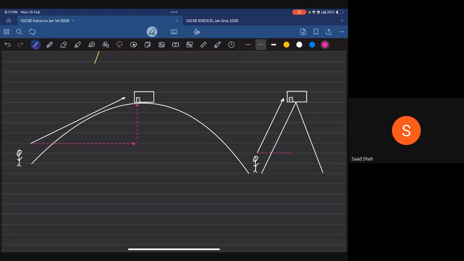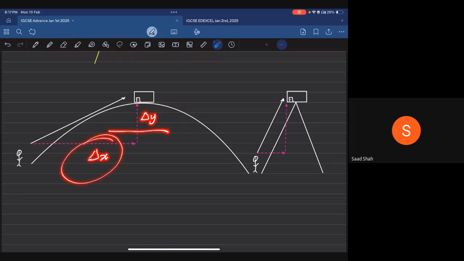You're not even moving a lot of spaces over here, and you're moving loads over here, like loads and loads, like this. Clear? You guys can clearly see the difference. So gradient is what? Change in y over change in x.